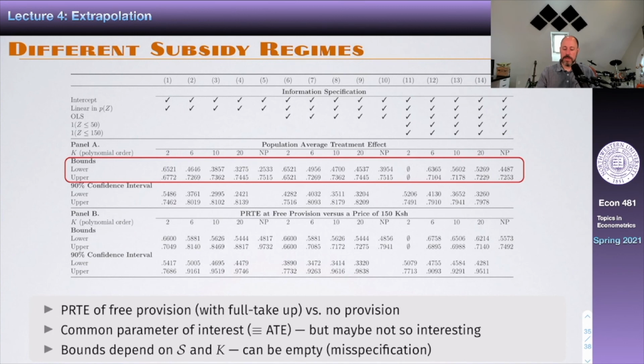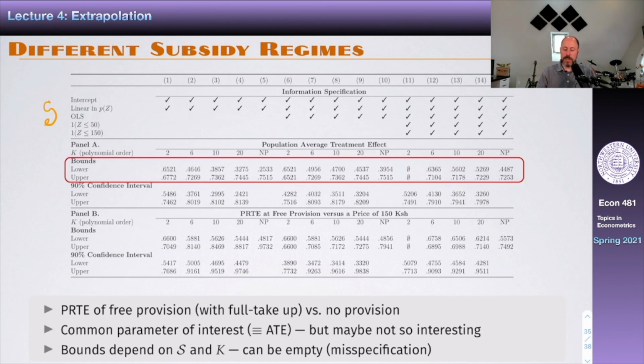I want you to look at the table in an organized manner so that we can all be on the same page. First, there are 15 specifications here, but the reason is that there are actually 3 groups: the first 5, the second 5, and the third 5. Here you have what was our set S before, which includes an intercept, linear in the propensity score, least squares, and 2 types of indicators of the instruments.